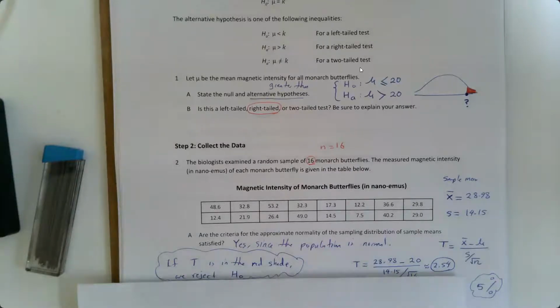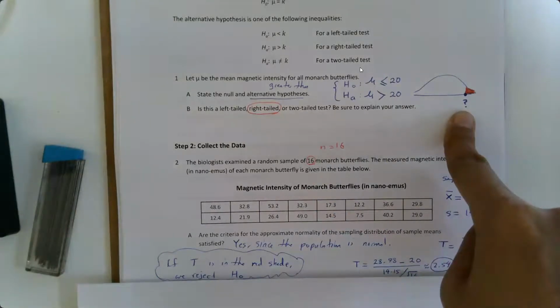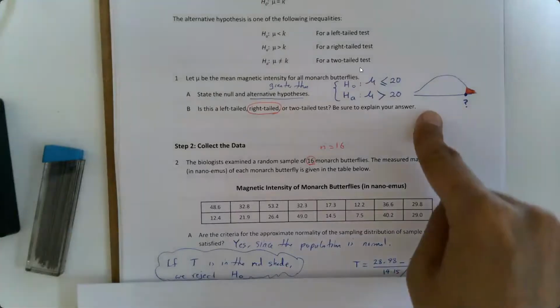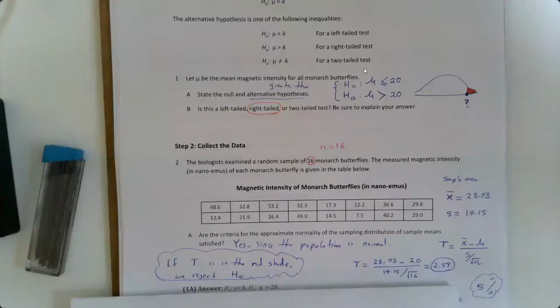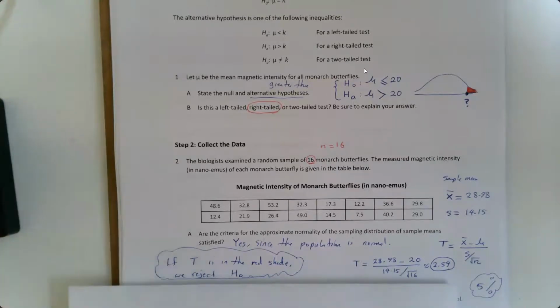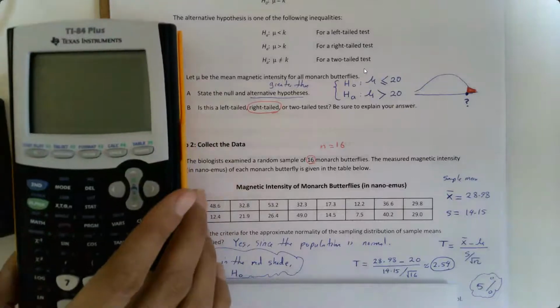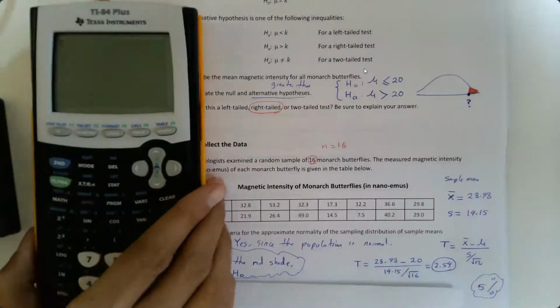Now we're going to move on to learn how to find this critical value that divides the rejection region from non-rejection region. Very well. So we're going to use our calculator to help us decide about this test.